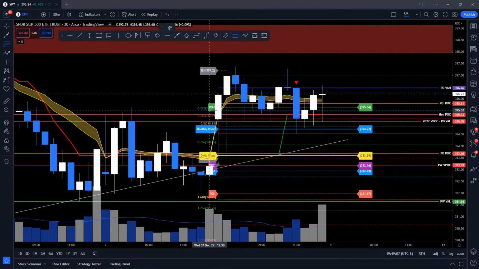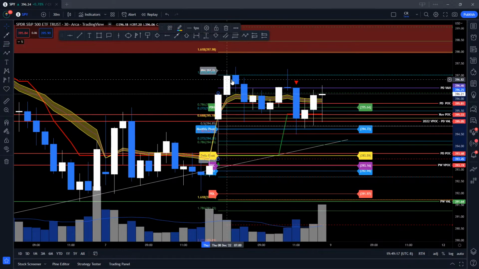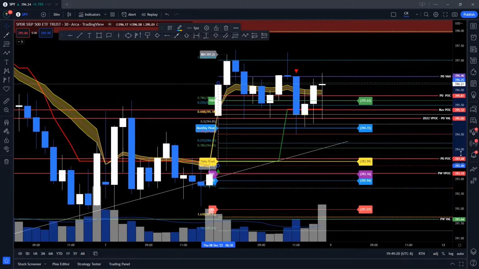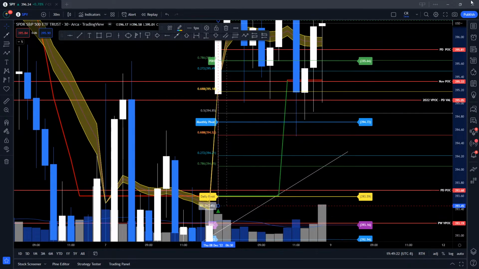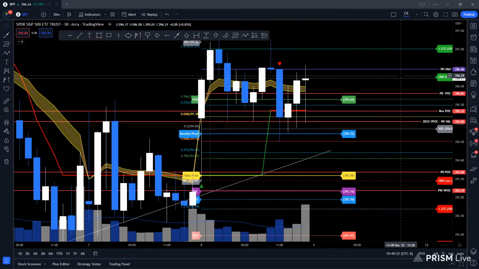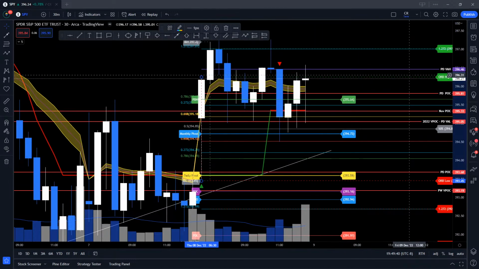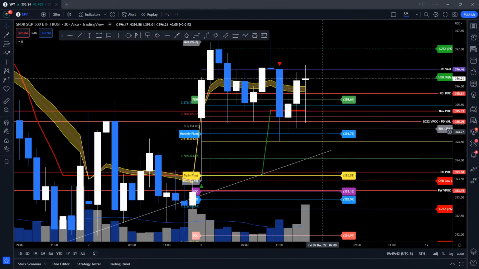And the other way around, bottom to top, or sorry, top to bottom will give you your fibs to the upside. I have the 50%, but I have the 618, but some of the levels I don't have on my fibs. You would just have to adjust your fib levels to match the levels on the ORBs. But yeah, you can do it manually.